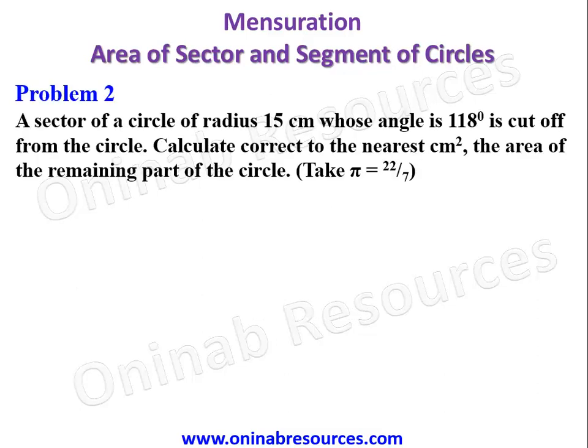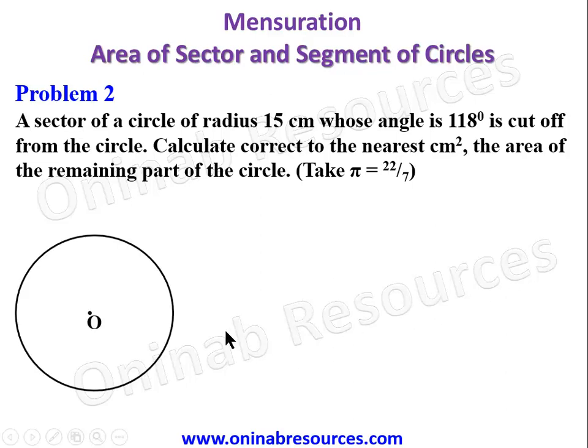For problem 2, a sector of a circle of radius 15 centimeters whose angle is 118 degrees is cut off from the circle. Calculate, correct to the nearest square centimeter, the area of the remaining part of the circle.